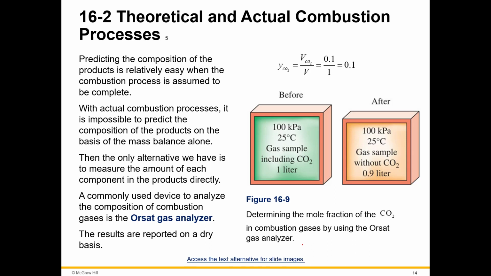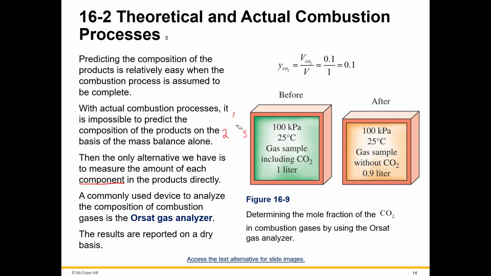With an actual combustion process, it is impossible to predict the composition of the products on the basis of mass balance alone. Then the only alternative we have is to measure the amounts of the components in the products directly. So this is where we talked about mixtures. Now we're trying to get into, because you see the fire triangle, you have 3 different things, right? 1, 2, and 3.